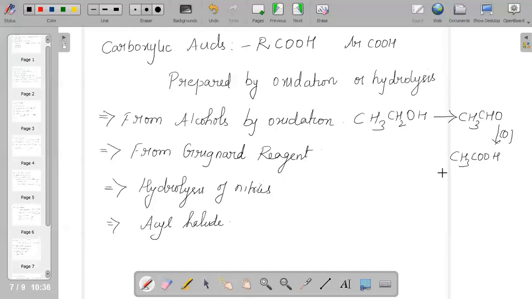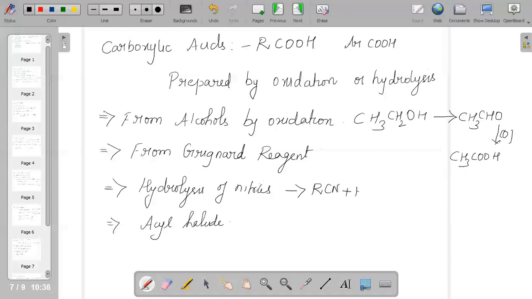We can also prepare carboxylic acid by oxidation of an aldehyde and ketone, which can also be oxidized in the presence of an oxidizing agent like alkaline potassium permanganate. Or we can prepare carboxylic acid by hydrolysis of nitriles, that is RCN.